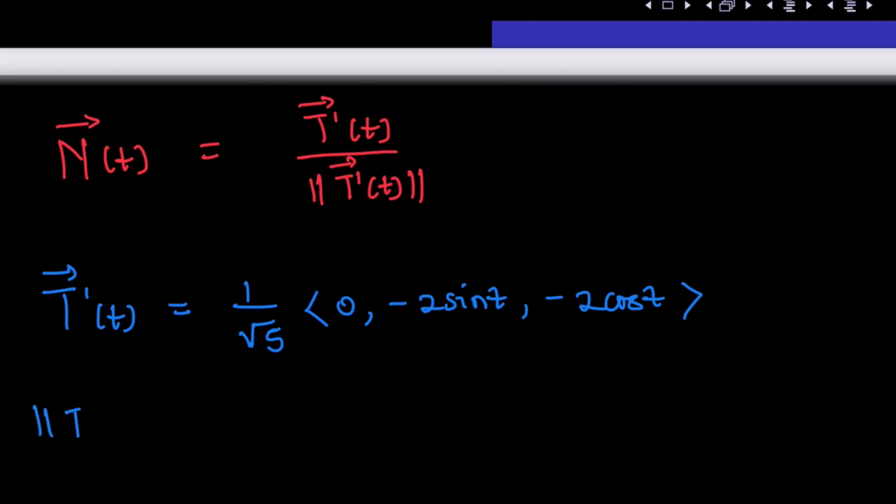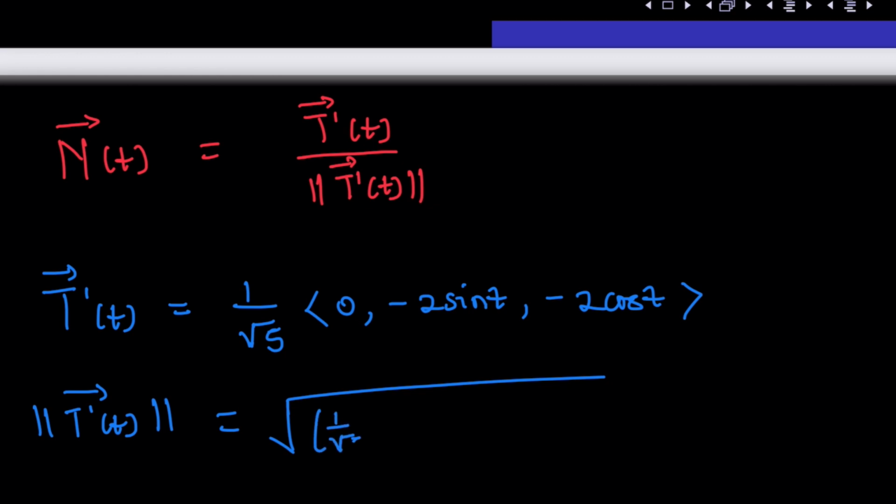Then we find the norm of this guy. So the magnitude of T prime of t will be giving us the square root of 1 on root of 5 all squared, then 0 squared plus 4 sine squared of t plus 4 cosine squared of t.